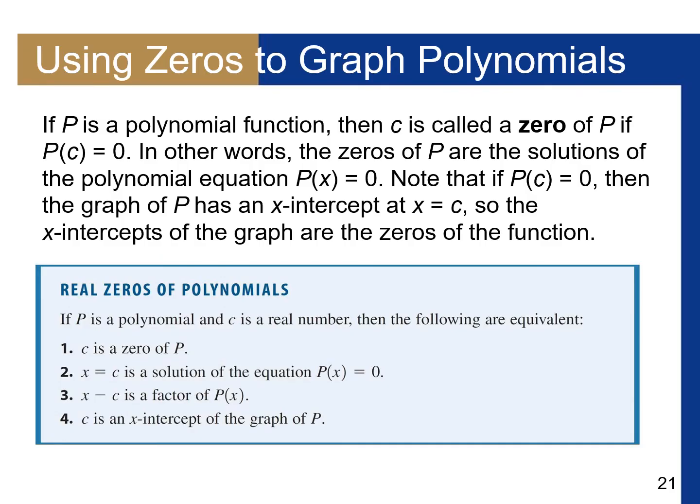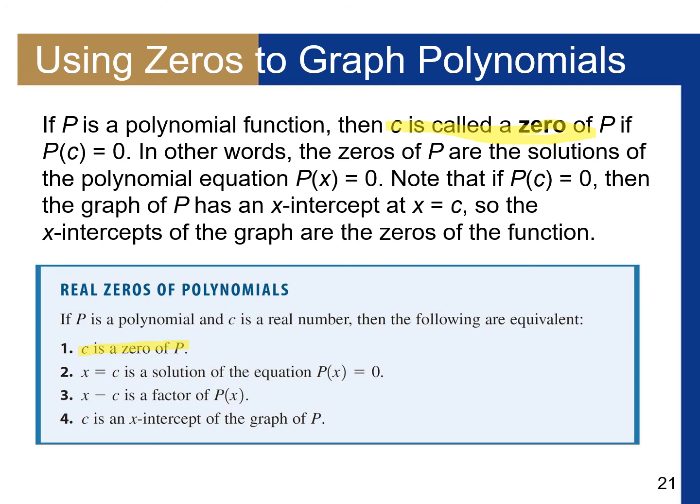If I plug a c value in and I'm calling it a 0 of p, that means when I plug the c value into the polynomial, I'll get the value of 0. The other things I can say about that: not only is it a 0 of p, but that also means that x equals c is a solution of the equation.